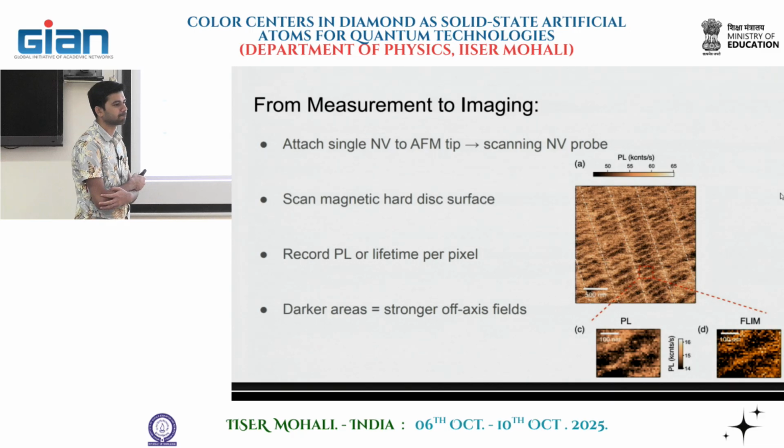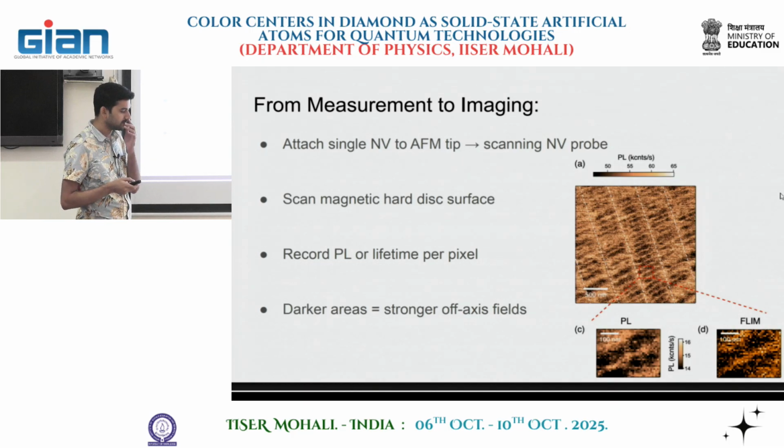It's unbelievable. Okay. Can you re-explain very quickly why we associate this mixing of the states by the off-axis magnetic field to a modification of the photoluminescence? Because the advantage of the technique is that we only look at the photoluminescence level.